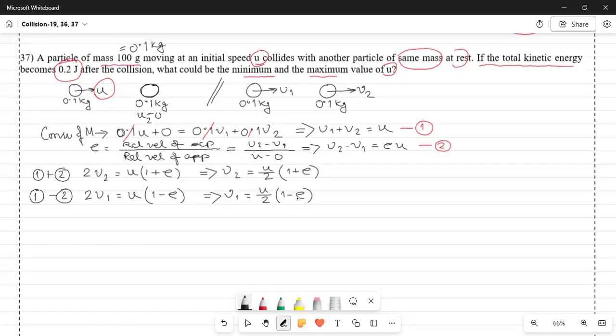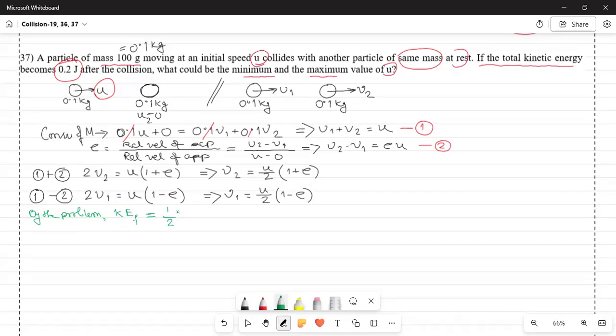Now what is given? The final kinetic energy is 0.2 J. So by the problem, the final kinetic energy, what is it?